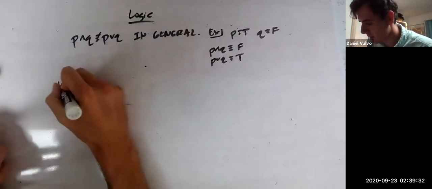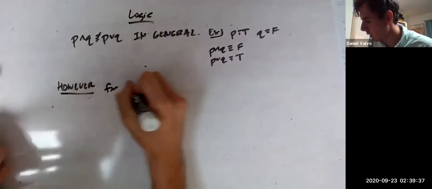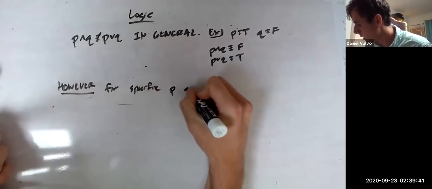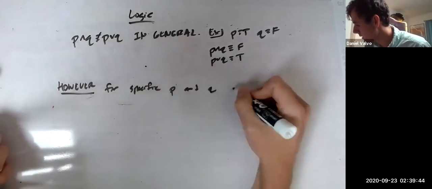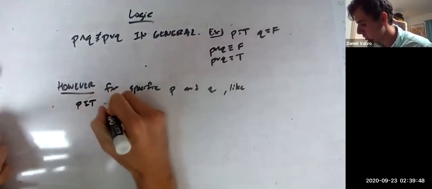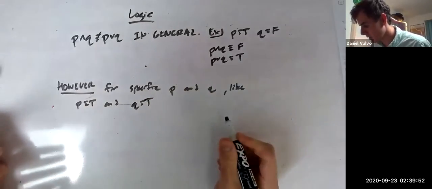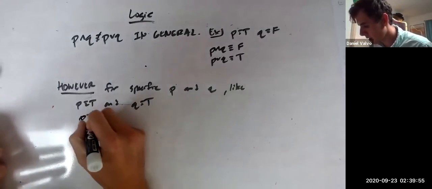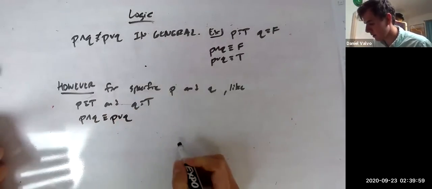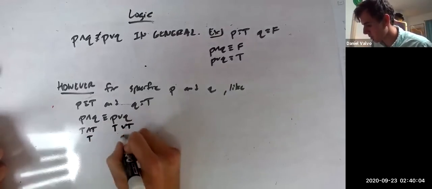However, for specific P and Qs, like P equals true and Q equals true, P and Q does equal P or Q, because this is true and true, which is true, and this is true or true, which is true.